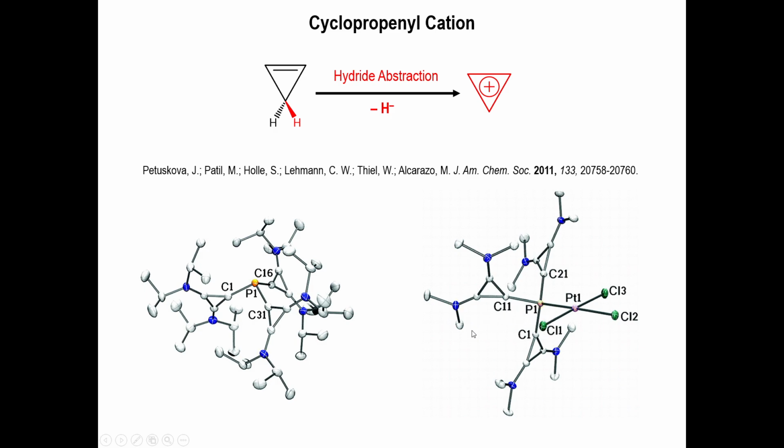And this example I thought was very beautiful. This is work done by Alcarazo back in 2011, and it's basically a phosphine molecule where you have replaced the regular carbons like methyls or hydrogens with this cyclopropenium cation.